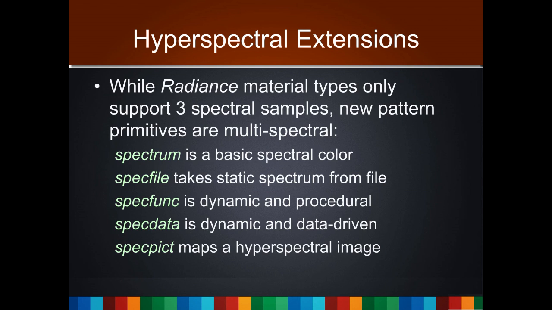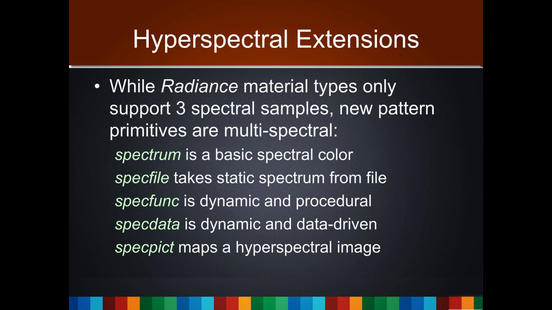There's the basic spectrum type, which is just a list of spectral outputs. There's a spec file, which takes that same list of per wavelength values from a data file. Spec func is a programmable interface that allows you to change spectrum based on the user array parameters, like other function primitives.